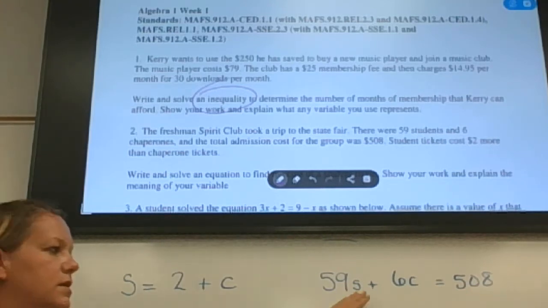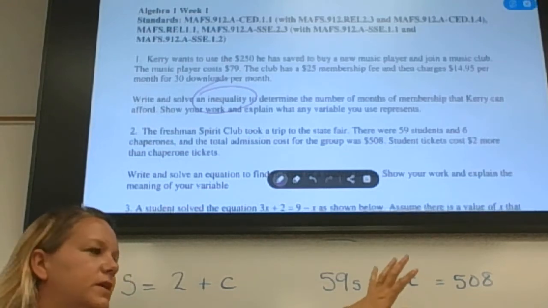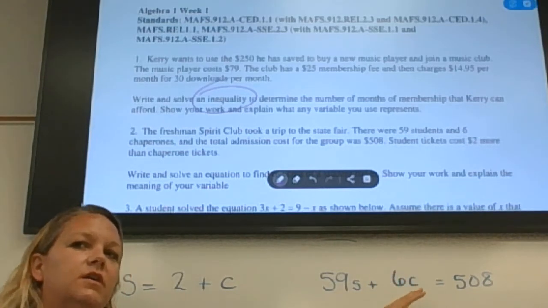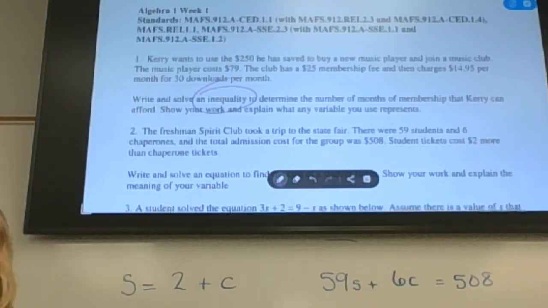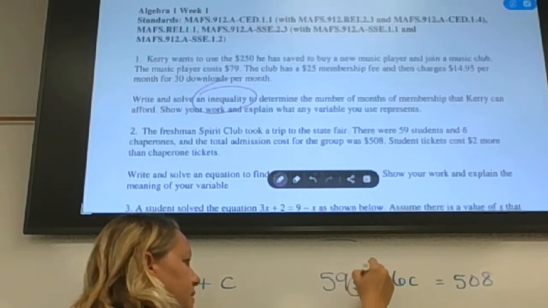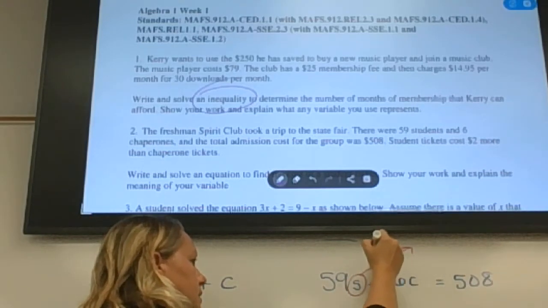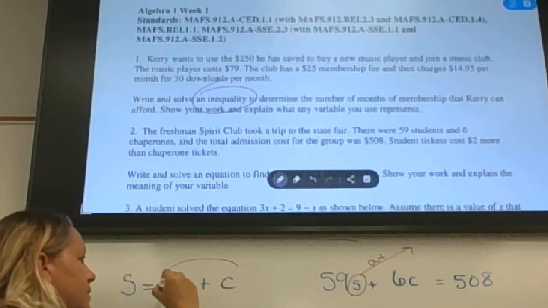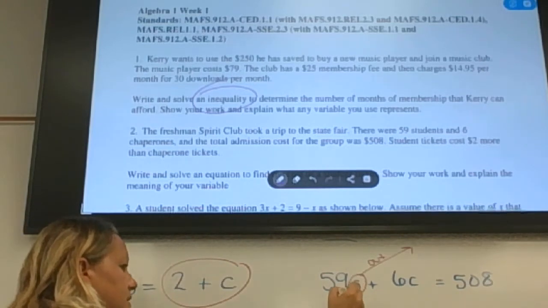So here, this isn't a good equation because there's 2 unknowns. So we're going to have to substitute in. We know that S is 2 plus C, so we're going to take this S out, and we're going to put 2 plus C in.